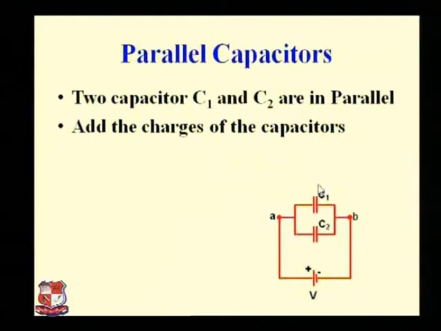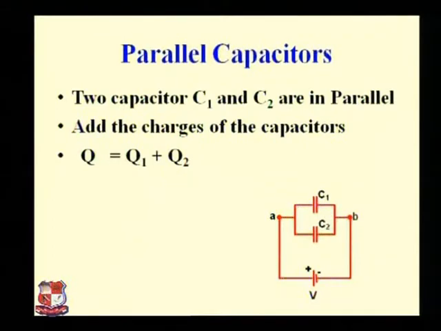When the capacitors are connected in parallel, the charge delivered by the voltage source is given separately to C1 and C2. So across the capacitor C1, charge Q1 is stored. Across the capacitor C2, charge Q2 is stored. So the total charge is Q equal to Q1 plus Q2.